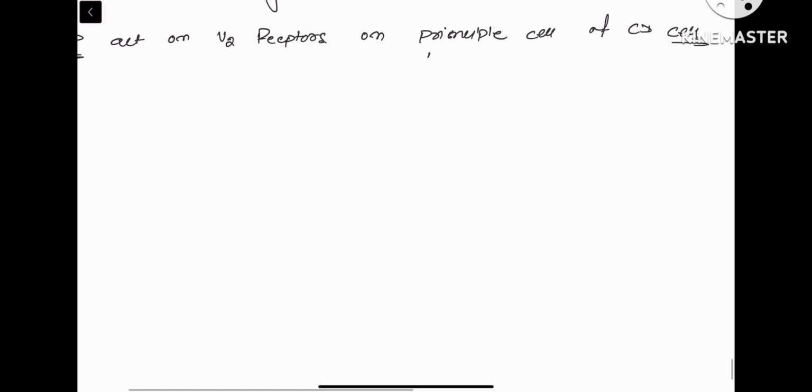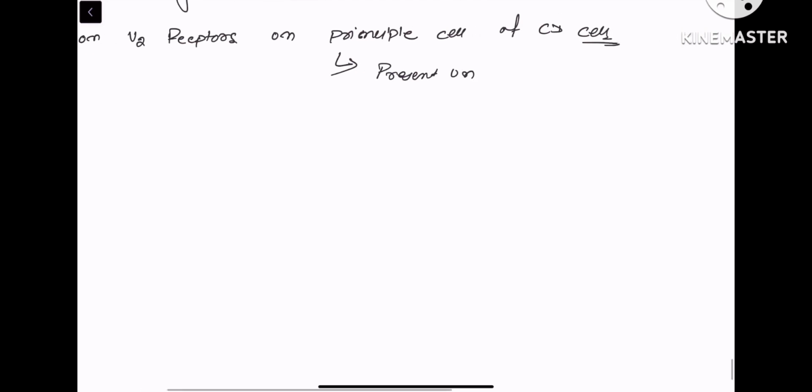Where are they present? They are present on the basolateral side.